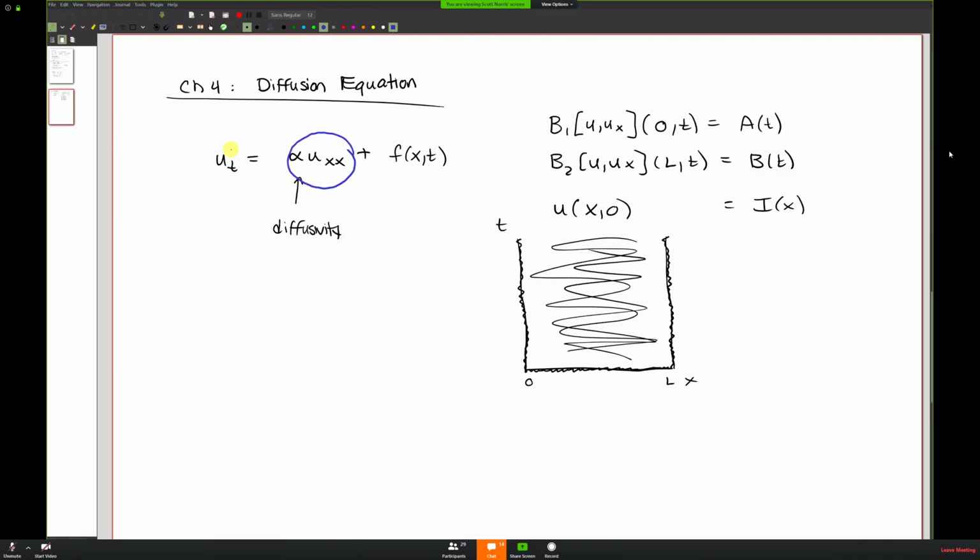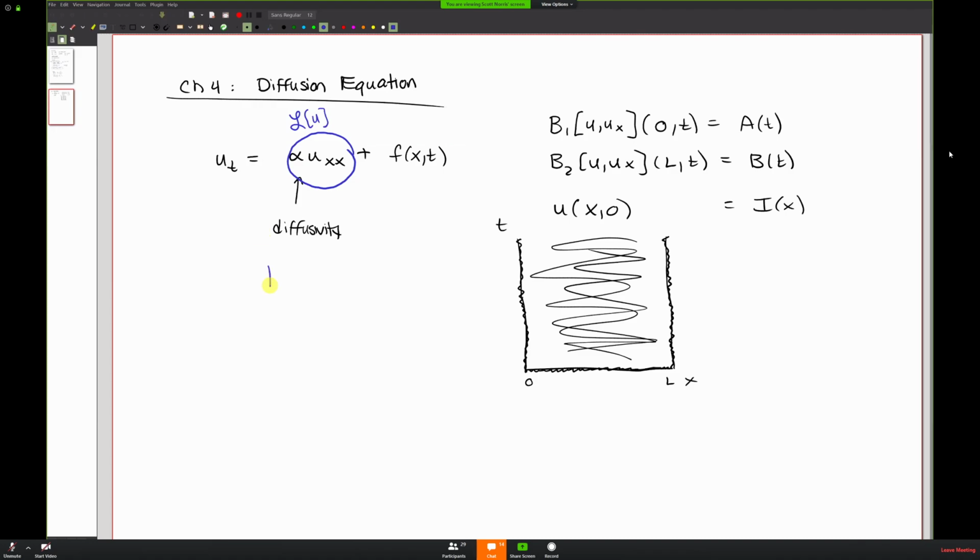We ignore the time derivatives over here, and we ignore the forcing function. Anything that doesn't have a u in it is over here, part of the forcing function. And we just focus on these spatial derivatives, which make up the spatial operator. We call that L acting on U, and then we find the eigenfunctions.